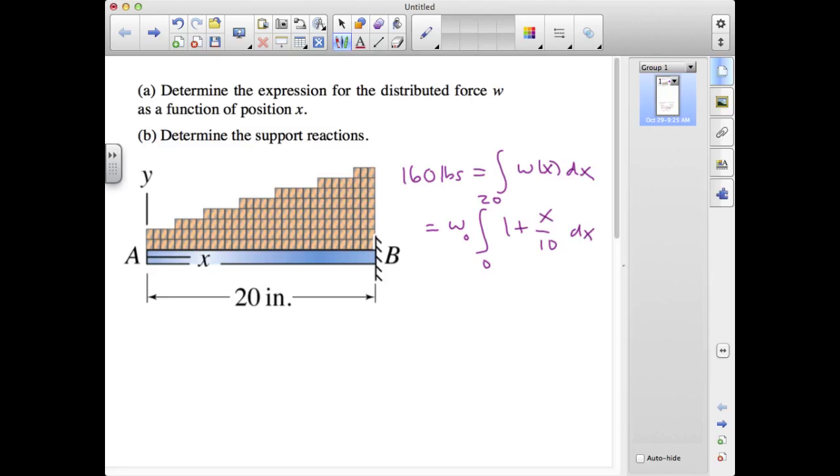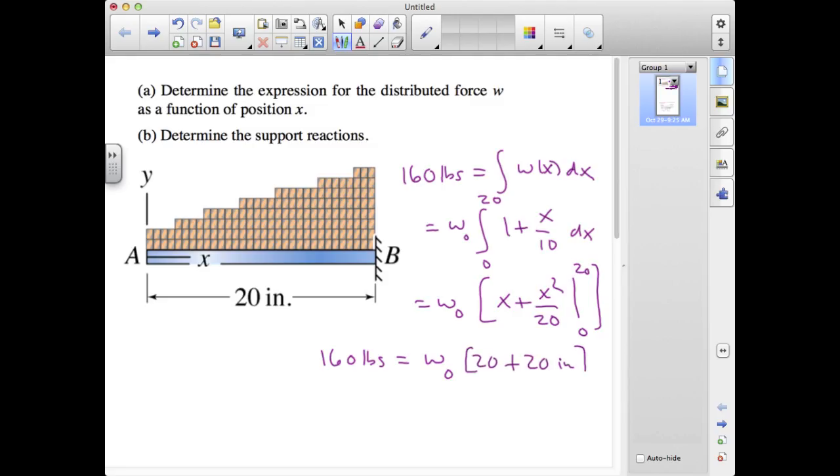That integrates very simply to x plus x squared over 20, which we're evaluating between 0 and 20. And so we have 160 pounds equals W0, and then the term in the square brackets here will be 20 plus 20 squared over 20, so it's just 20 plus 20 inches. And that gives us that W0 is 160 over 40, or 4 pounds per inch.